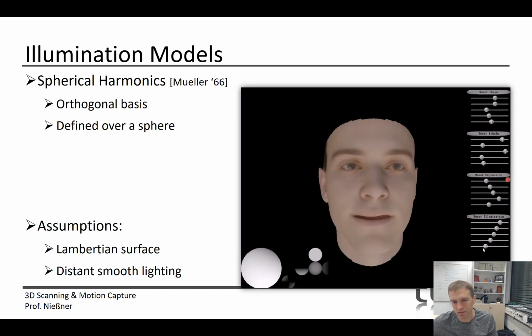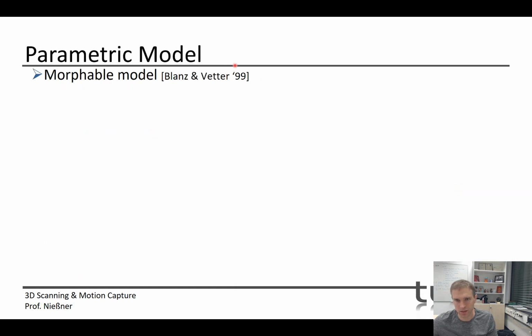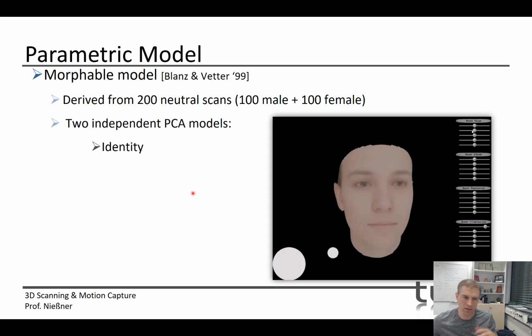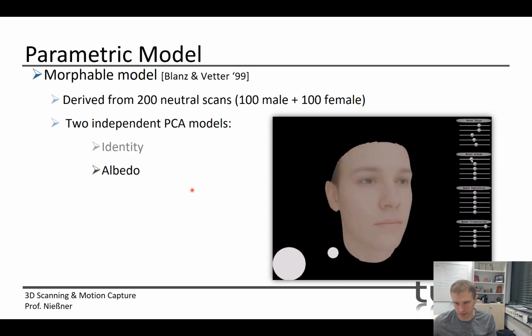We're not yet considering the expressions here, right? So this model is only doing neutral ones right now. And then what's happening is we have two independent PCA models for the identity, right, for the shape, and for the albedo accordingly.